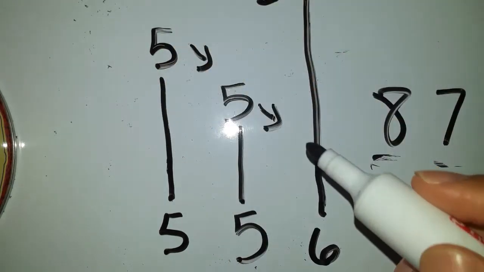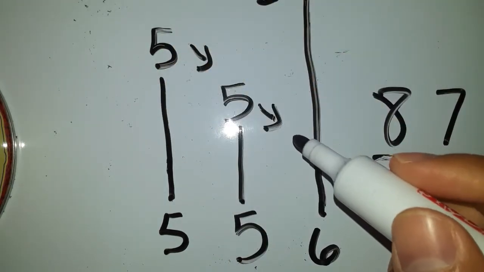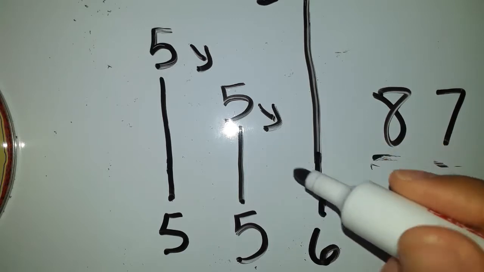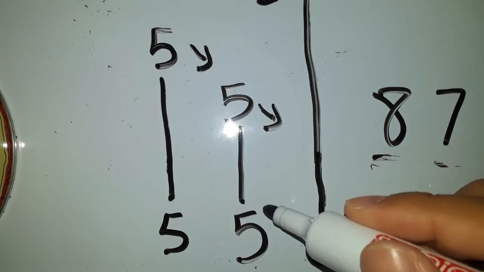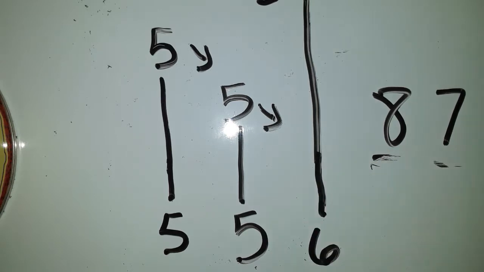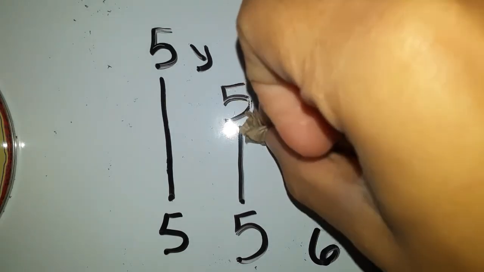And same thing with this side over here on the right side. We have already checked all the unchecked. There are no unchecked items on the right side of this 5, but also on the left side of this 6. So therefore, we are done checking the right side of this 5.